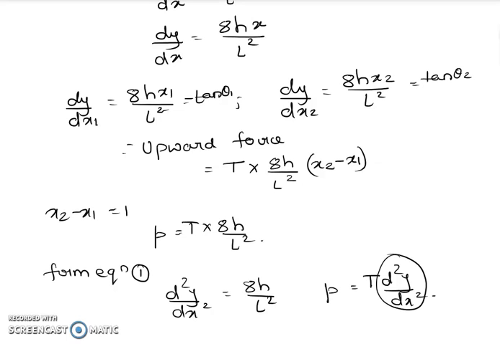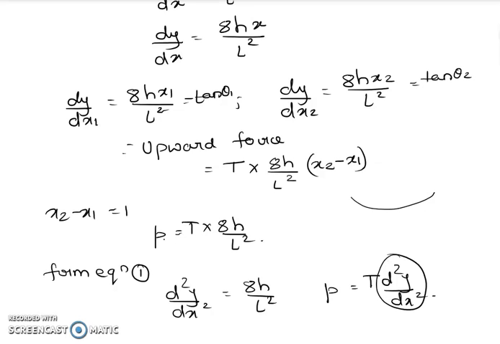So, depending on the shape of the tendon, the load can be balanced in the section. Now we have taken a parabolic profile. We have taken the equation of parabola and calculated the first derivative and the second derivative. And also considering the diagram and the resultant of tensile force and the two components, we got it is equal to 8h upon L square, which is the same as the second derivative of the equation of parabola.